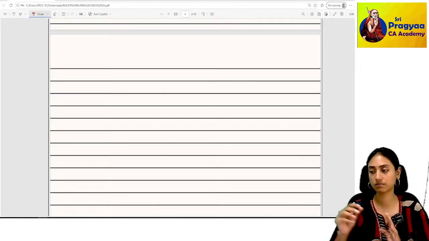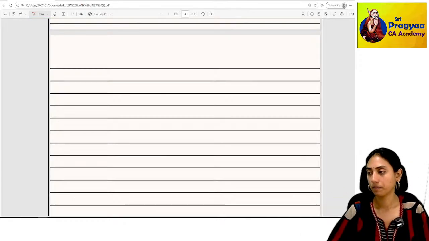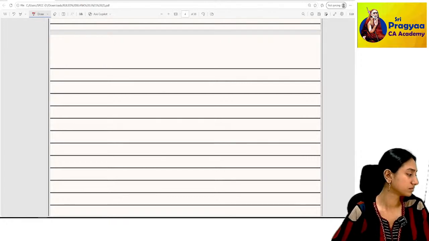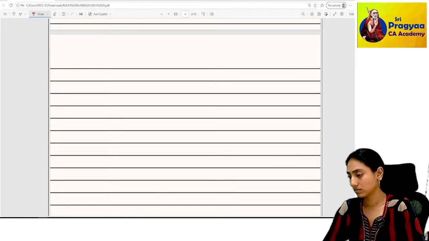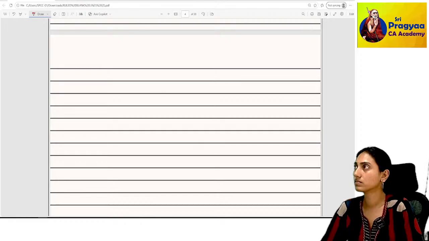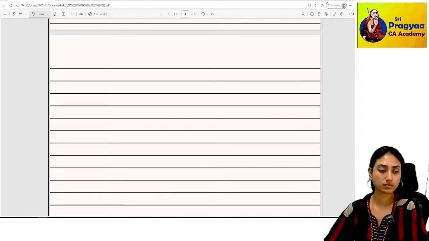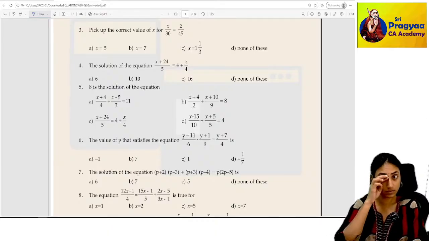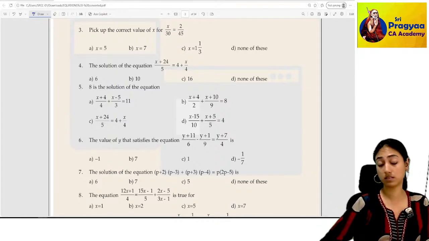Can you guys try to solve question 3 onwards? For those who don't have study material, I projected the questions.